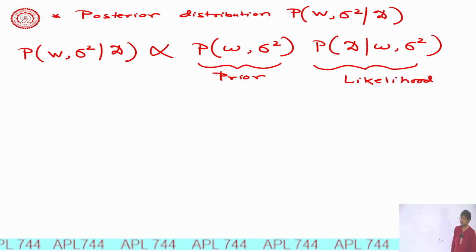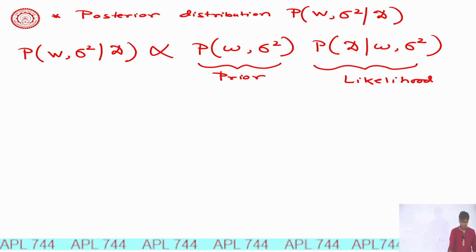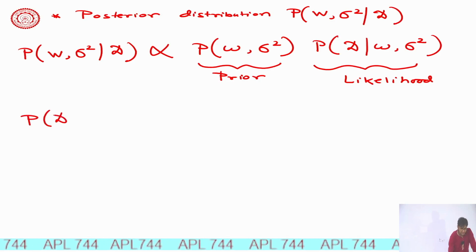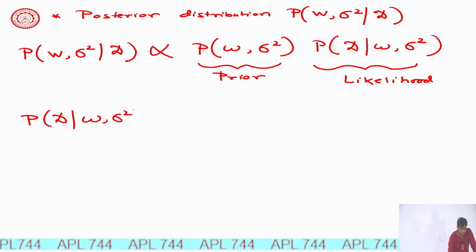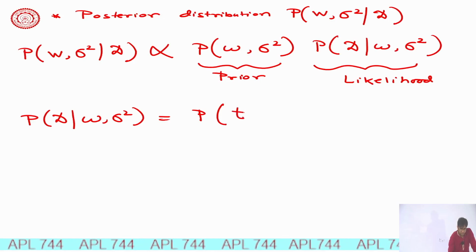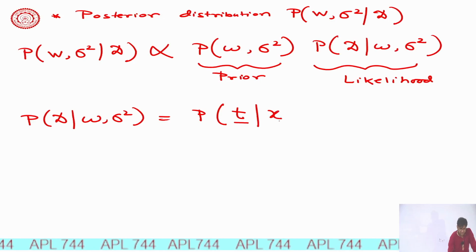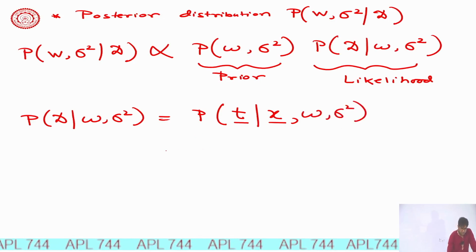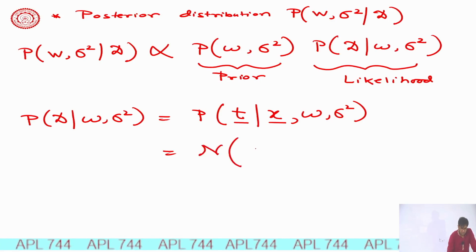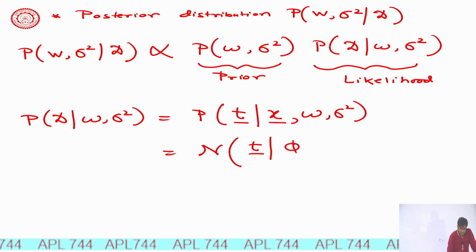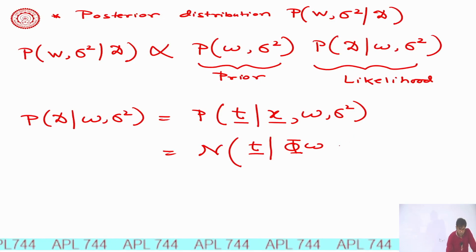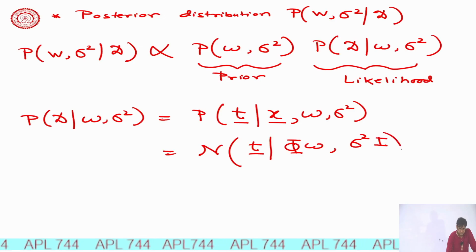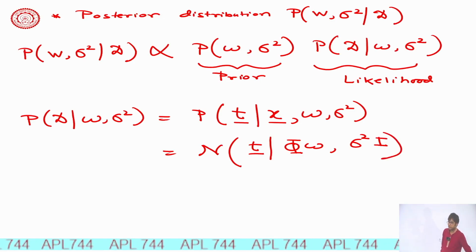And from what we did last time, the probability of data given W comma sigma square is the probability of T, which is my target, given X, which is my input, comma W comma sigma square, which is a Gaussian over T given phi W comma sigma square I. This we had done last time, nothing new.